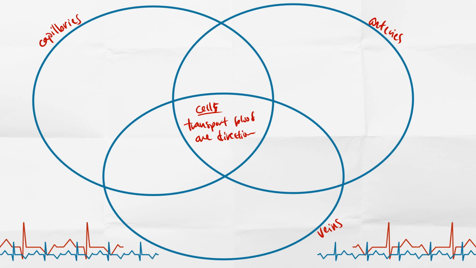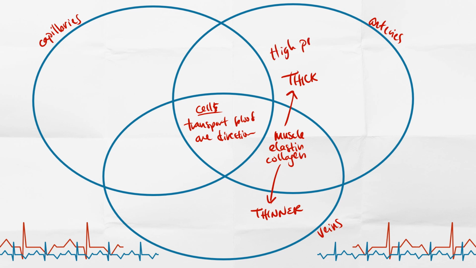Arteries and veins both have some muscle and some elastin and some collagen tissue. The arteries have very thick muscle, elastin, collagen, whereas the veins have thinner muscle and elastin and collagen. That thick muscle is going to allow those arteries to maintain a high pressure as it takes blood away from the heart.